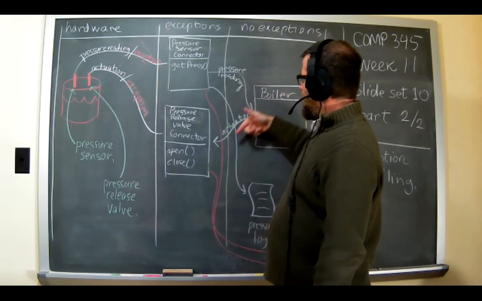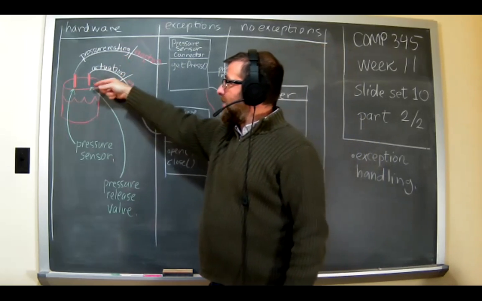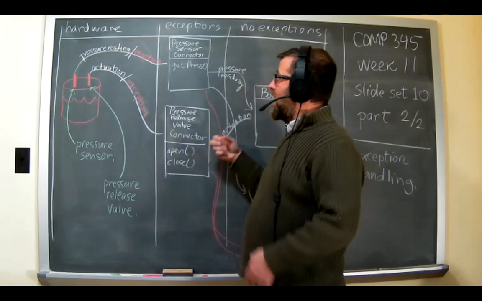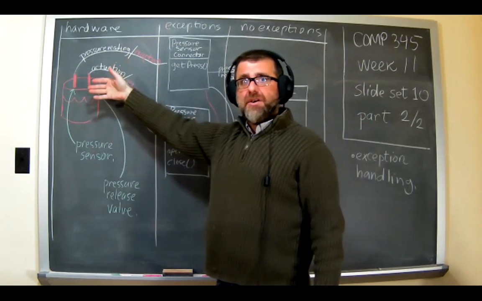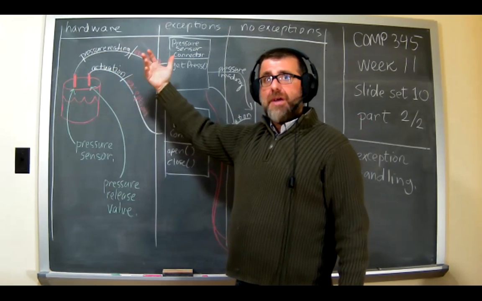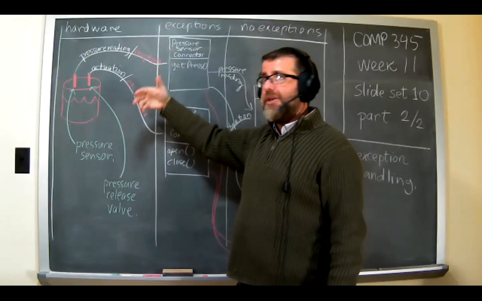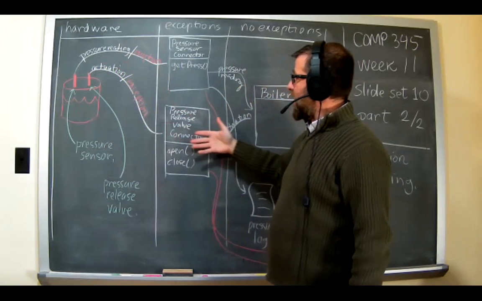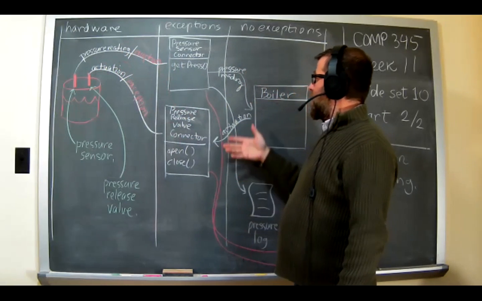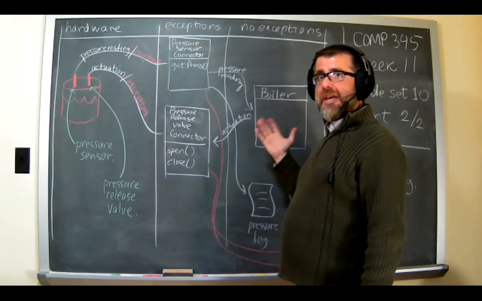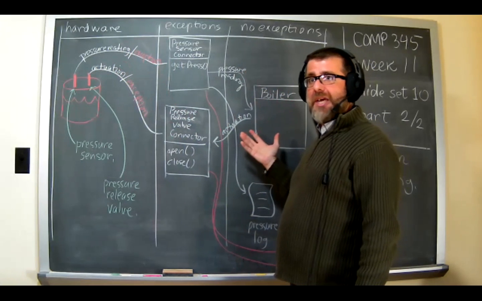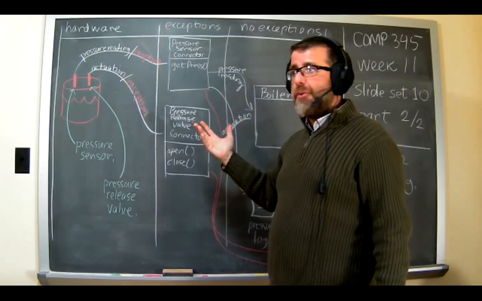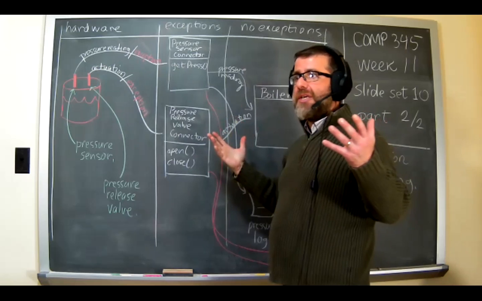So the boiler can try to open the valve to release the pressure because it is too high, and if the valve is stuck, then we are in an emergency situation where we need to evacuate. As this throws an exception, the boiler needs to take action to evacuate the place, because the boiler is going to explode since you can't release the pressure.